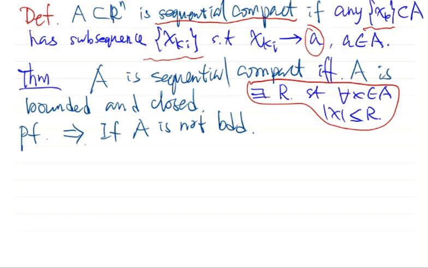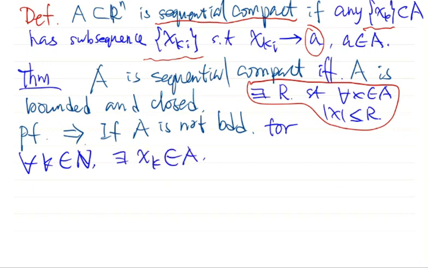So if A is not bounded, then for any number R, there is x in A whose norm is greater than R. We take R to be 1, 2, 3, 4, positive integers. So for every positive integer k, there exists a point denoted by xk in A such that the norm of xk is greater than k.